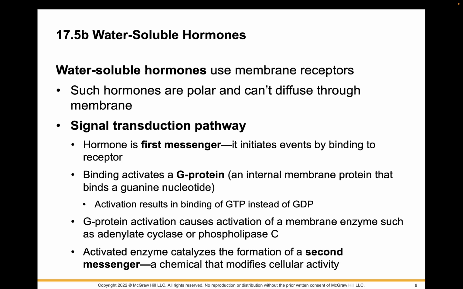Now, typically, once a G protein is activated, we're actually going to see some type of enzymatic cascade. That's really what's going to happen. There may actually be the activation of a second messenger, and this could be a substance that will further monitor or modulate activity within that cell. So let's take a look at this variation on a theme per se.